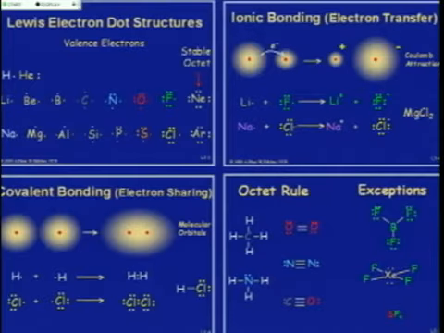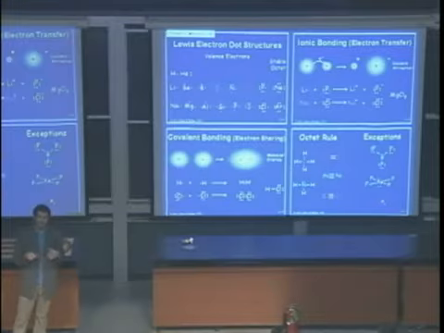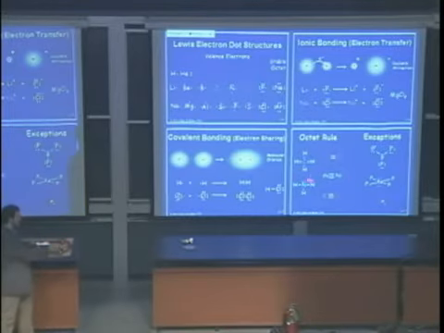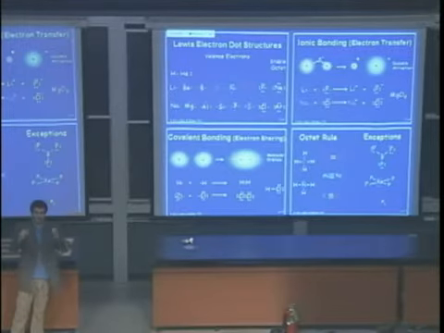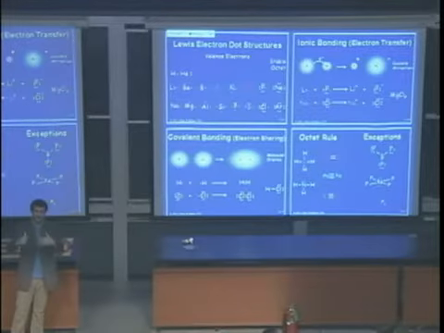Now, if we move to something like carbon monoxide, it has 10 electrons, 4 from carbon and 6 from oxygen, which is the same number of electrons that we had in the case for N2. So these two are referred to as being isoelectronic because they have the same atomic positions of the atoms and the same number of electrons.